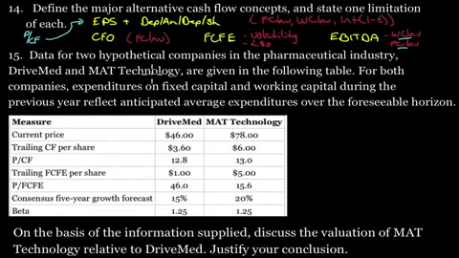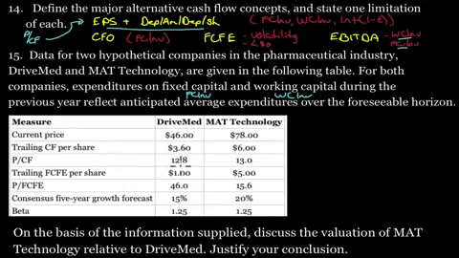15. Data for two hypothetical companies in the pharmaceutical industry, DriveMed and MAT Technology, are given in the following table. For both companies, expenditures on fixed capital and working capital during the previous year reflect anticipated average expenditures over the foreseeable horizon. What do we have? Current price for both. Trailing cash flow per share, that is the first definition up here, 360 and 6.